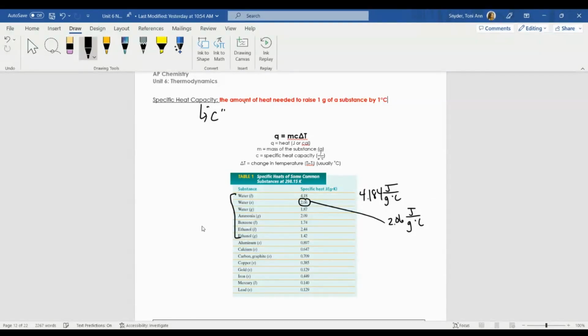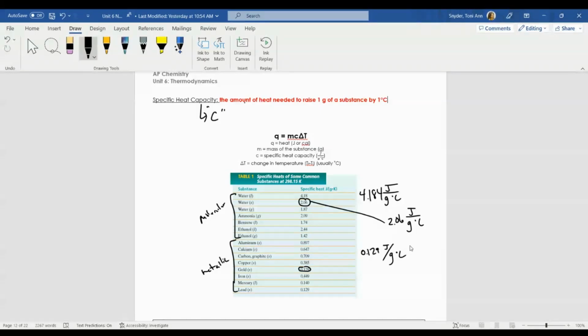There are values here for all these different types of molecular substances. These are all molecular, and we know that because they're comprised of all nonmetals. As I go down, other than carbon, these are all metallic in nature, so all of these have metallic bonds. Notice how small these specific heat capacities are. Look at gold: 0.129 joules of energy is required to raise 1 gram of gold by 1 degree Celsius. That's a lot less than water. The reason has to do with those metallic bonds and those delocalized electrons.